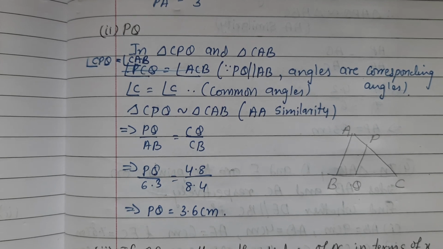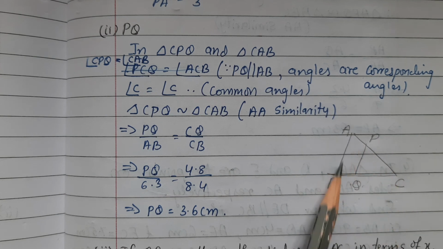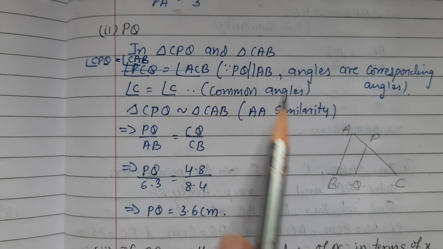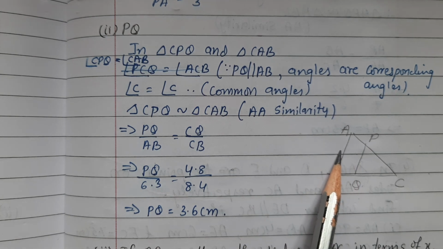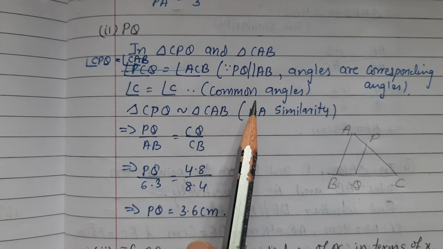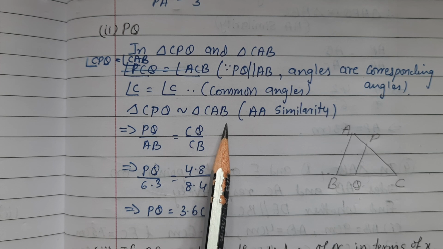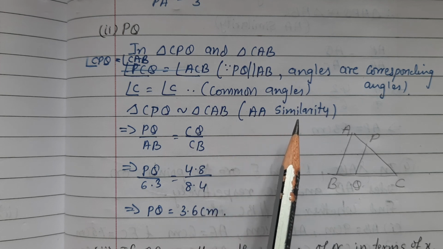Second part, find PQ. In the same way, in triangle CPQ and triangle CAB, angle CPQ is equal to angle CAB, corresponding angles since PQ is parallel to AB. Angle C is equal to angle C, common angle. Therefore, triangle CPQ is similar to triangle CAB, AA similarity.